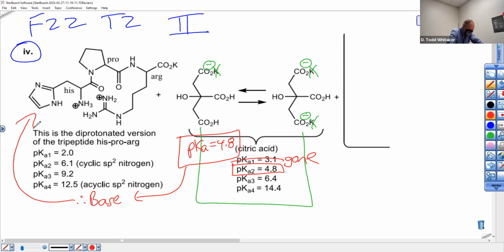We have a tripeptide and 4 pKa's given. How many are missing? I have a tripeptide, that means 3 protons, out of a molecule that could have started with, at most, 4. How many are missing? Oh, it's diprotonated. I had tri in my brain.